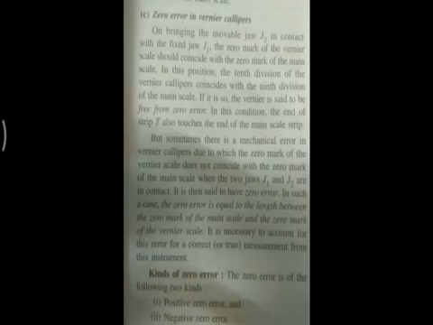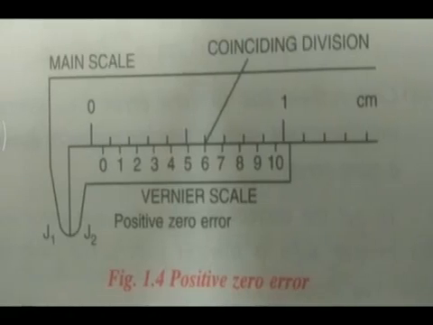But what happens? Sometimes there is a mechanical error due to random movements or mishandling. The zero mark of the vernier scale does not coincide with the zero mark of the main scale whenever the two jaws are in contact, and then it is said to be a zero error. Just see in this, the zero of the main scale is not coinciding with the zero of the vernier scale.